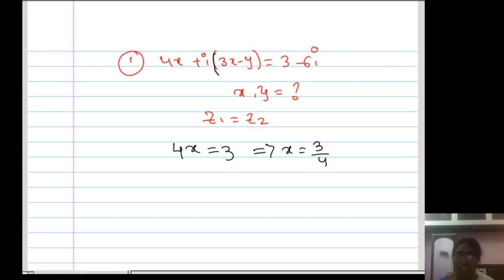Similarly, what is the imaginary part of this complex number? 3x minus y. What is the imaginary part of the other complex number? Minus 6. So what is y then? Just substitute here. What is x? 3 by 4. So 3 into 3 by 4 minus y is equal to minus 6. 3 3s are 9 by 4, plus 6 is equal to y.